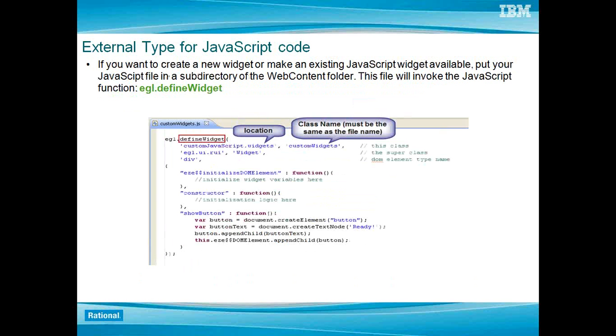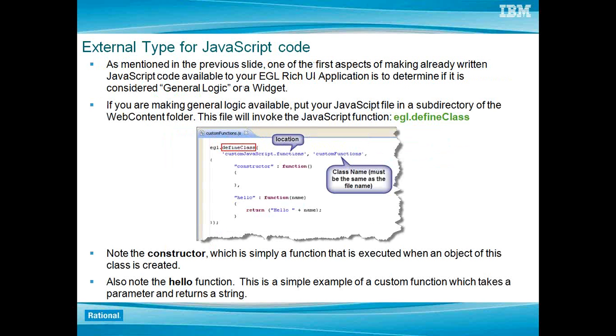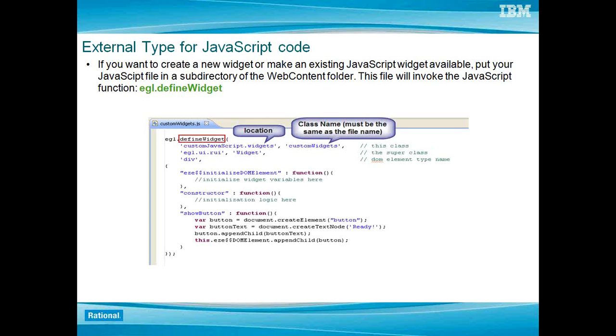Once we have created our JavaScript code in a certain format, for example, we have a code and now we have formatted it, we had tweaked it so that the EGL environment can understand it.